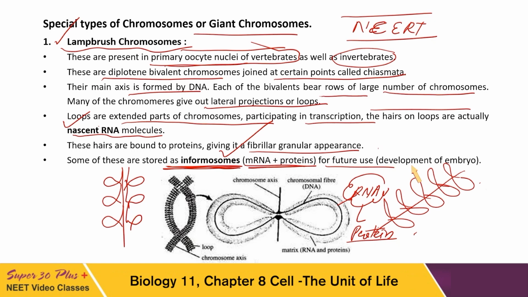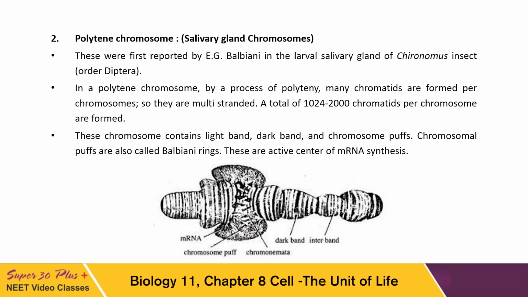during development of the embryo. Come to the next now, polytene chromosome, also known as salivary gland chromosome, because it is found in the salivary gland of insects of order Diptera, first reported in the larval salivary gland of Chironomus insect of order Diptera.